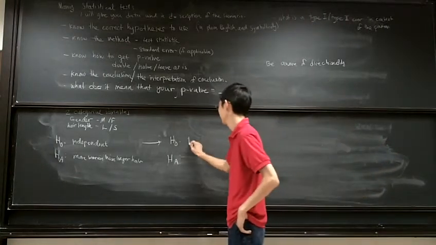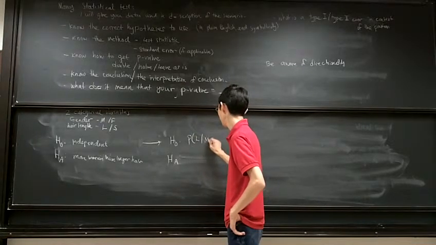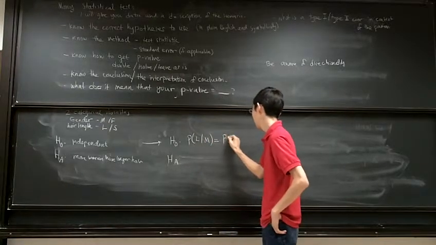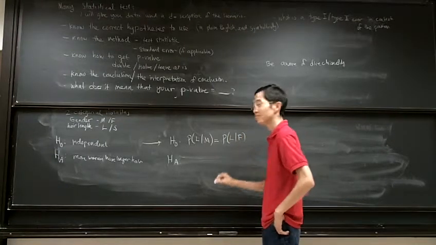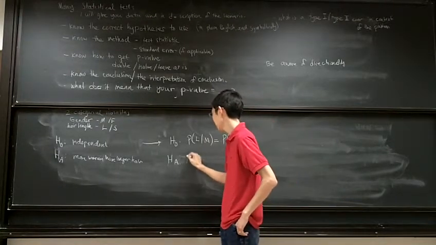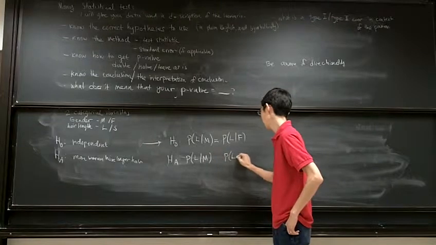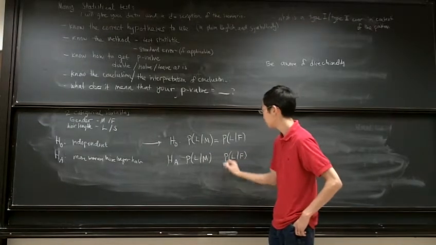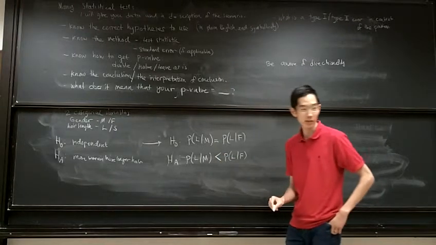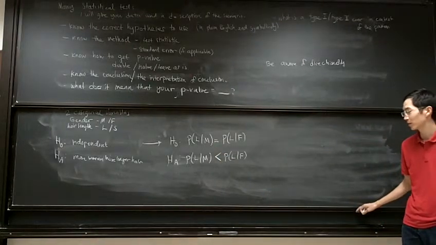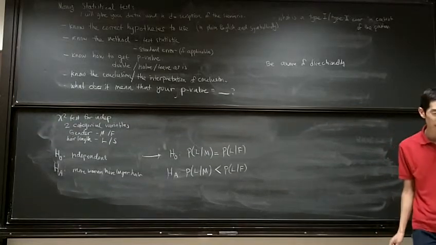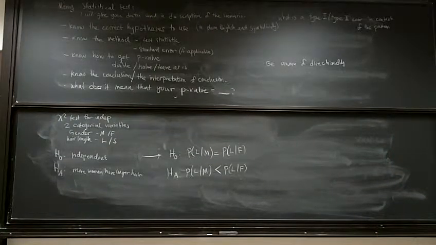Probability of long hair given male would be equal to probability of long hair given female. Is that fair for independent? And then here we would say probability of long hair given male would be, now if we wanted directionality, we would say this, right? We'd say if we know that someone is male, the probability that he has long hair is less than if we knew this person was female.